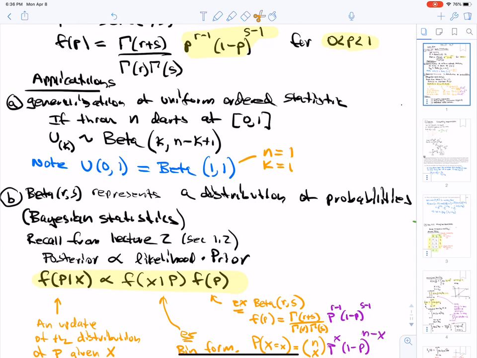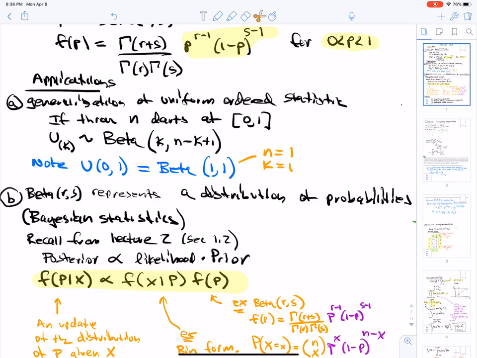The beta(r, s) represents a distribution of probabilities. It's useful in Bayesian statistics as a distribution for a probability. And from lecture 2, we saw that the posterior is proportional to the likelihood times the prior.